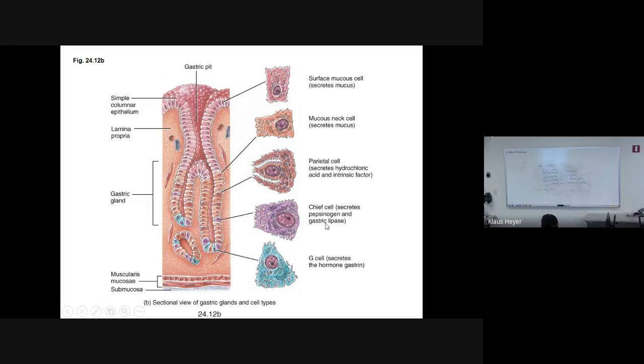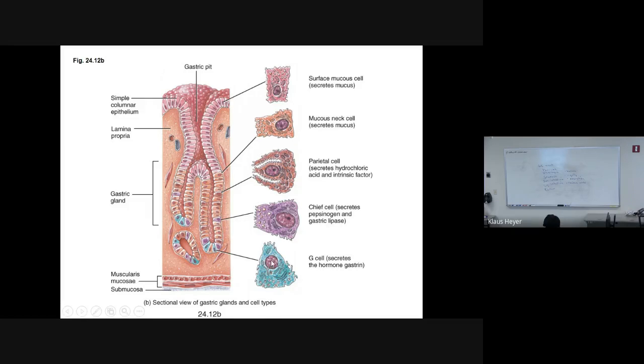So you make pepsinogen. Pepsinogen is going to come up here, and once it gets up into the lumen of the stomach, it's going to meet the acid. The acid is going to activate it. So pepsinogen plus acid equals pepsin. So it's inactive until it gets into the stomach juice.